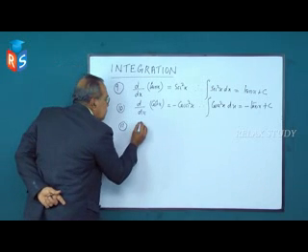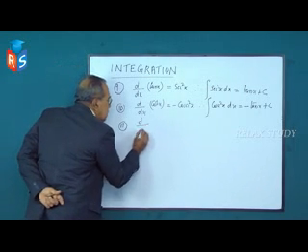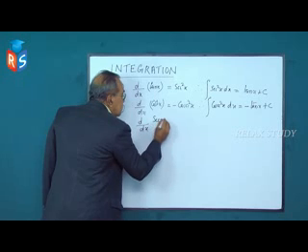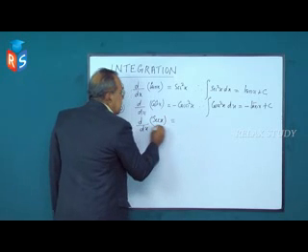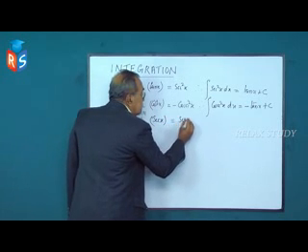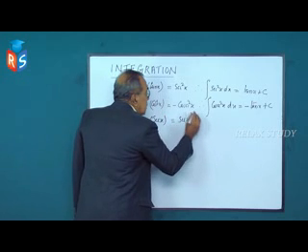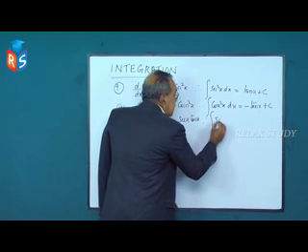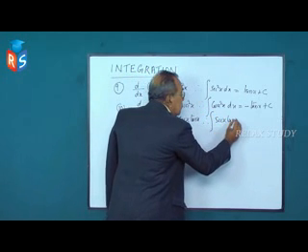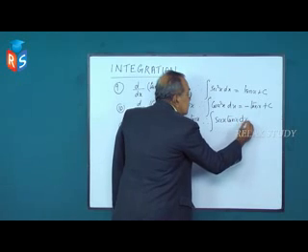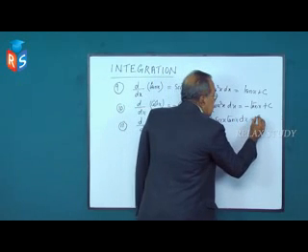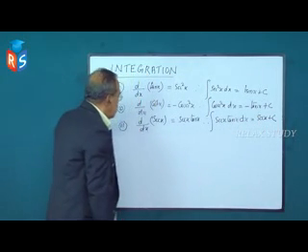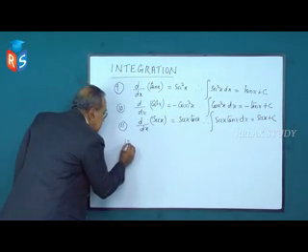11. D by dx of sec x is equal to sec x tan x. Therefore, the integral of sec x tan x is equal to sec x plus c. 12.